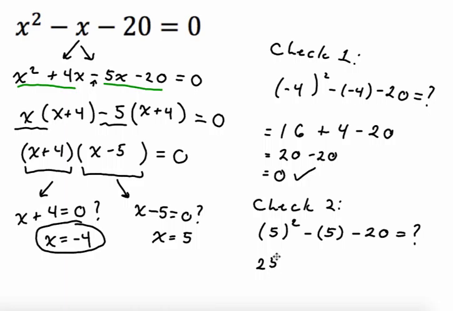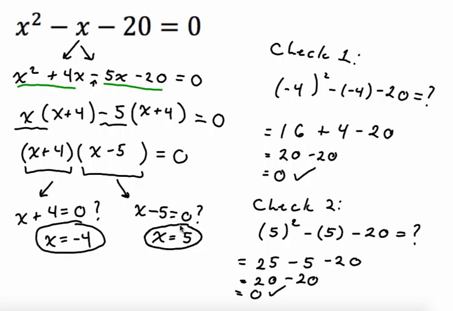That is 25, minus 5 minus 20. 25 minus 5 is 20, subtract 20, which again gives me 0. Very good. So I've checked these 2 answers, and indeed, both x equals negative 4 and x equals 5, when plugged into the original equation, make a true statement. So those must be my answer.